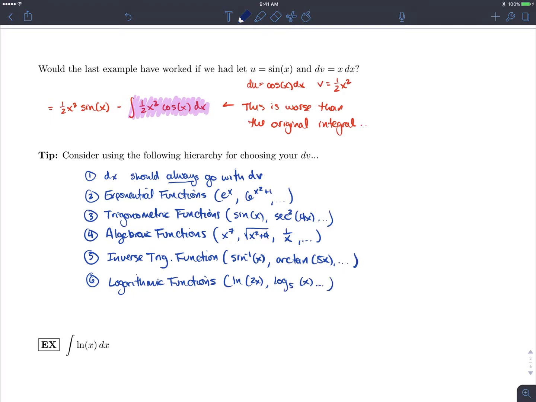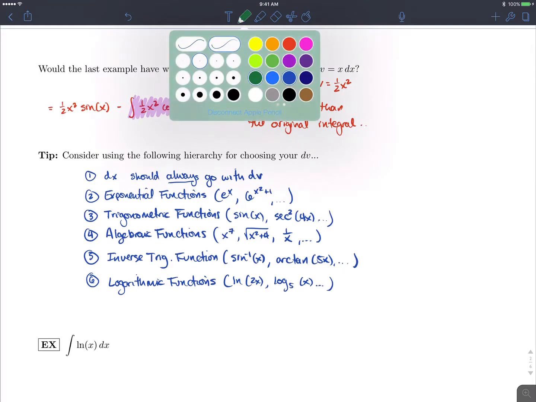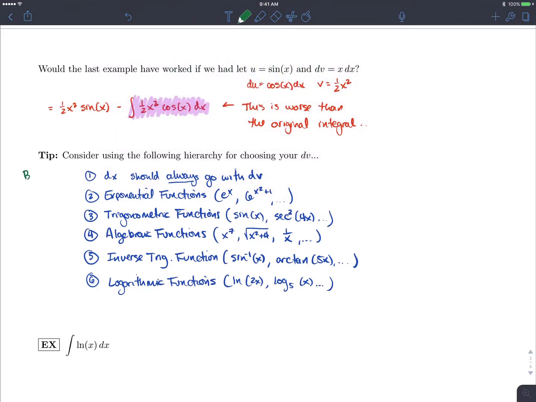So at the top of the list, what we have is expressions that make better dv's, and at the bottom of the list, we have functions that make better u's for our problem. So we just work through this list as we're thinking about it.